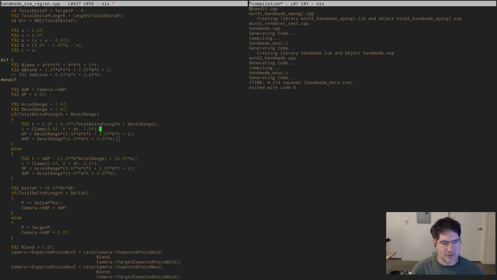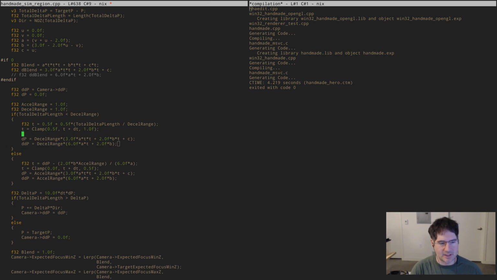So in here, we could just say, well, that's what the DDP is for placement, but we want to actually do the lerp here. And we do know where we're going, right? We're going to the target P always, and we're going from the target P minus whatever the size of this curve was along the direction, right?